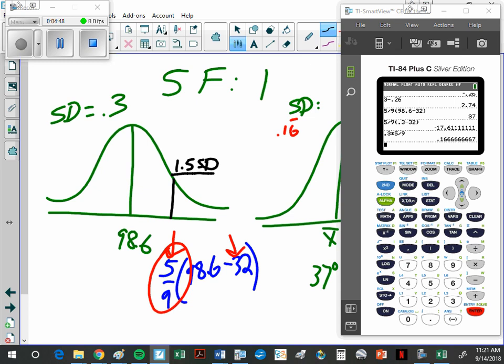Well, we take 1.5 times the SD. We want it to be in degrees, right? The SD is in standard units, so I want to multiply these two numbers together. 1.5 times 0.3 gives me 0.45.